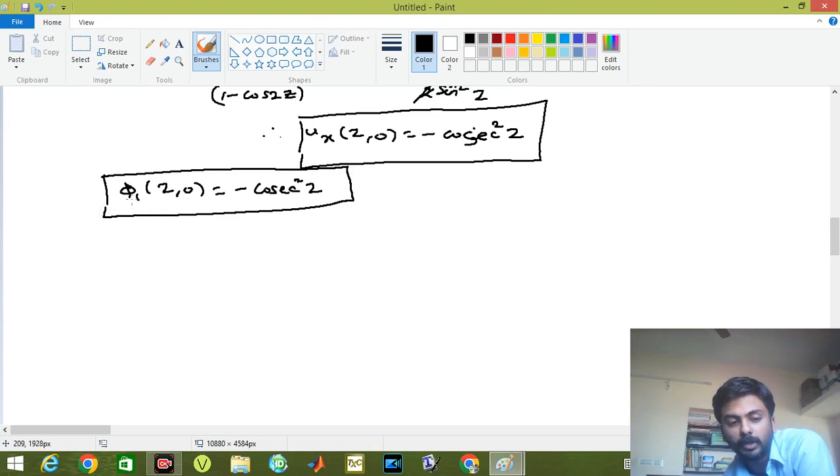Okay, this is our phi 1 of z comma 0. Now we want to determine uy of x comma y, that is again the same v u dash minus u v dash by v square, but this time we are going to differentiate with respect to y.